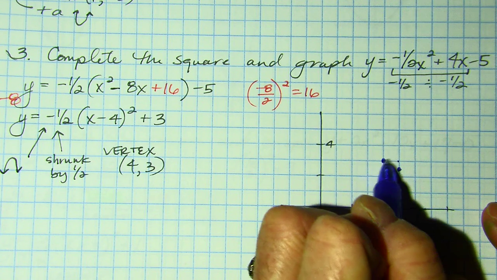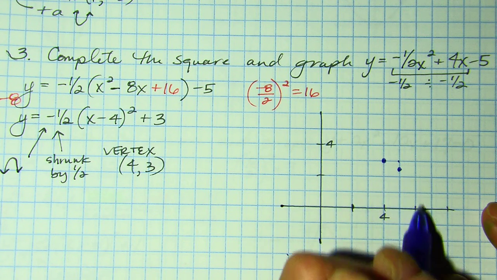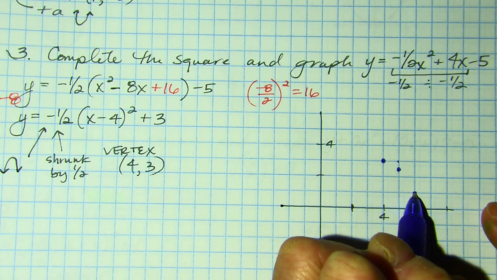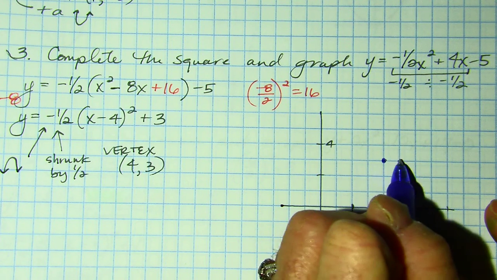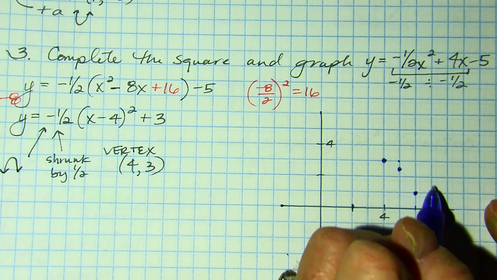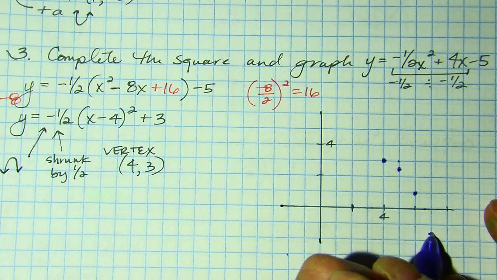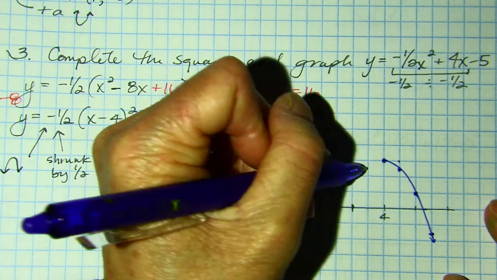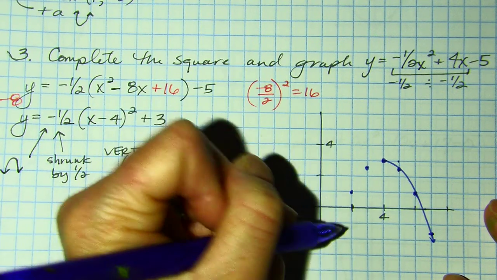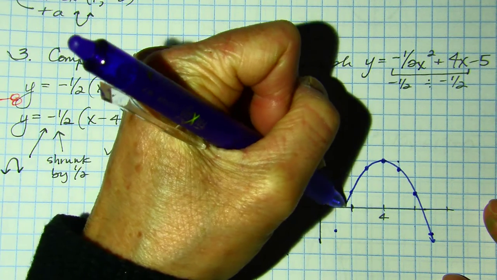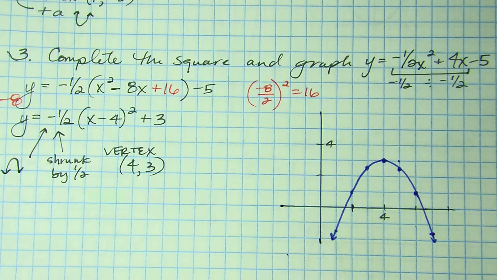If x is 2, 2 squared is 4, but I'm cutting that in half, so I'm only going down 2. If x is 3, 3 squared is 9, but half of 9 is only 4.5. So if that helps, you see the full graph. And then I'm going to reflect that across. You only should have to do that for one side. And that is my graph.